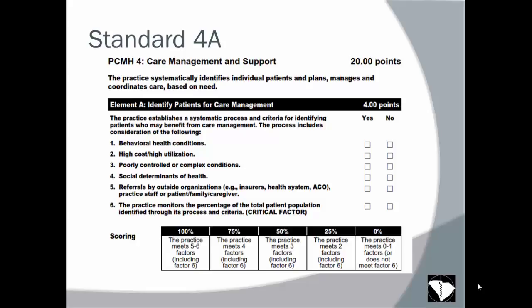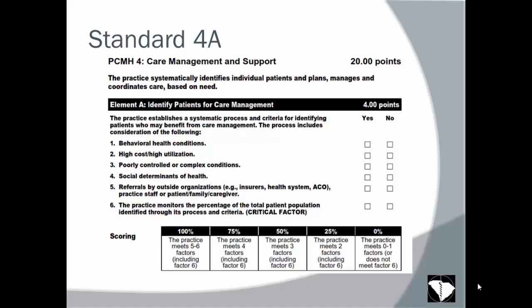And to assist with that determination, NCQA lists 5 categories. If you see those factors there, 1, 2, 3, 4, 5, starting with behavioral health conditions and ending with referrals by outside organizations. And what NCQA wants you to do is use these categories to define who your high-risk patients are.